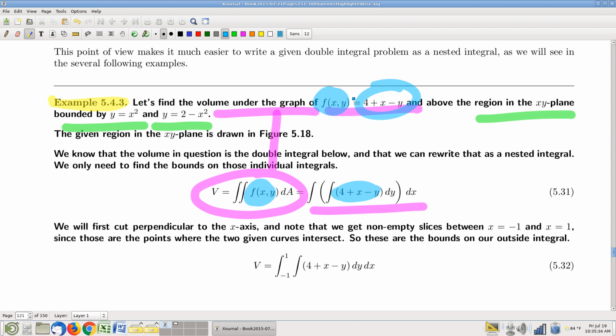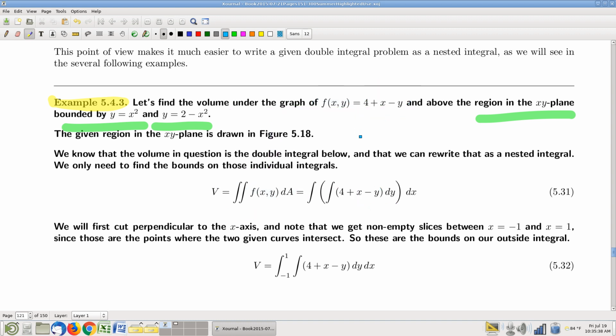Now, having established my integrand, the only thing remaining that I don't know is what these bounds are. Those bounds are going to be completely determined by the domain, this region in the XY plane that's given to us, bounded by those two curves. And so now, phooey on the integrand, phooey on the three-dimensional picture of volume. I'm just going to draw this region in the XY plane to figure out those bounds.